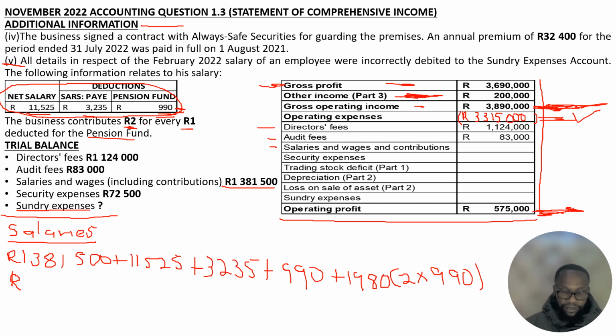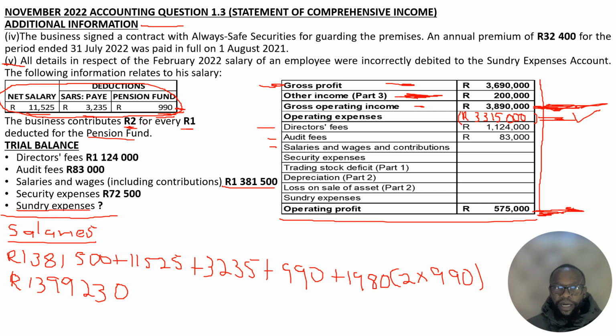Plus 990, plus 3,235, plus 11,525, plus 1,381,500. So for salaries we have 1,399,230.